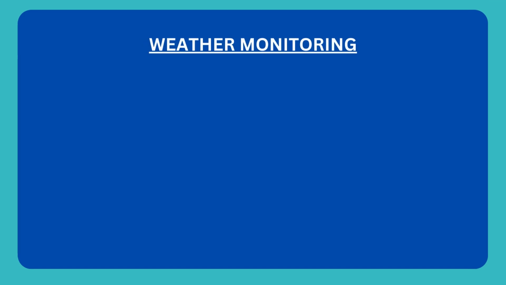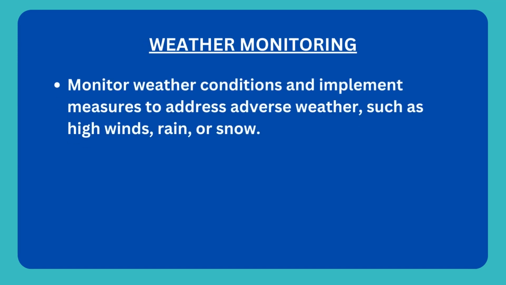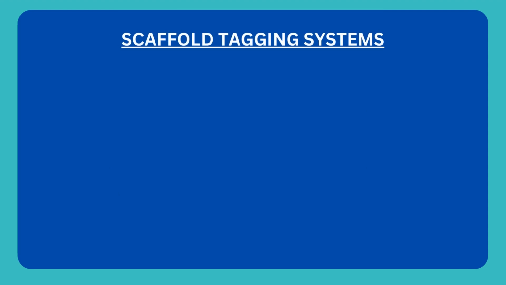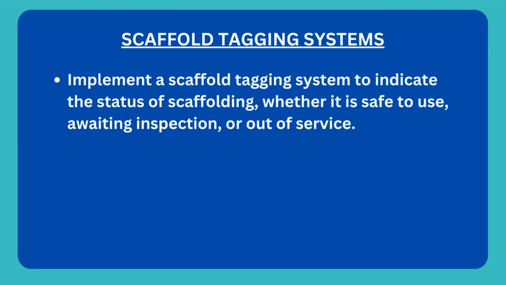Weather monitoring. Monitor weather conditions and implement measures to address adverse weather such as high wind, rain or snow. Consider temporary suspension of work during severe weather conditions. Scaffold tagging system. Implement a scaffold tagging system to indicate the status of scaffolding, whether it is safe to use, awaiting inspection or out of service. Such type of tags you can use.